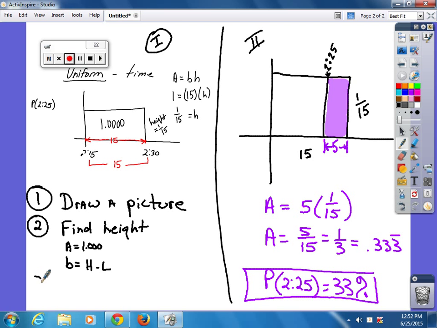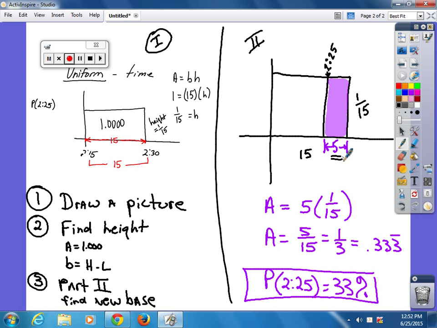And then 3, go to part 2 and find the new base. And in this case, what was the new base? 5.